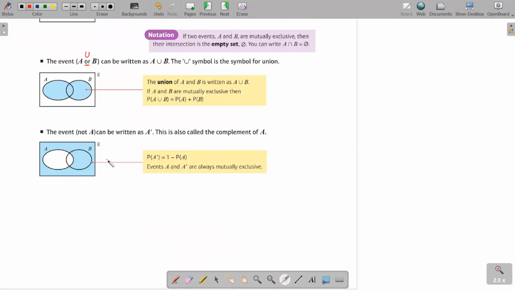So this is event A dash, A complement. Probability of A complement is 1 minus probability of A. I think you can understand it, right? 1 is the total probability. From that, if you subtract the probability of circle A, you get the probability of A dash, the A complement probability.